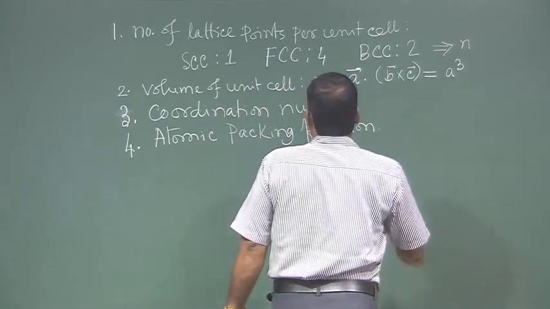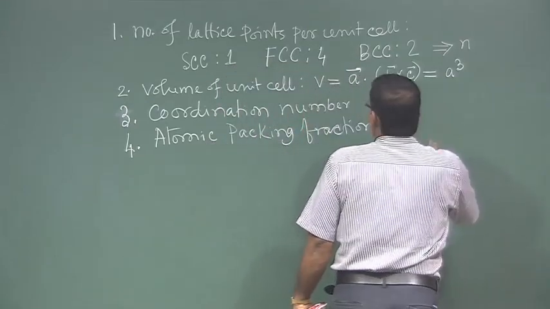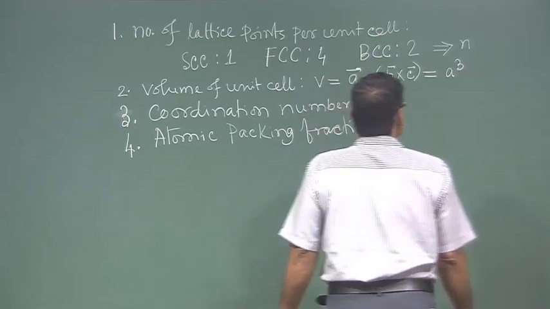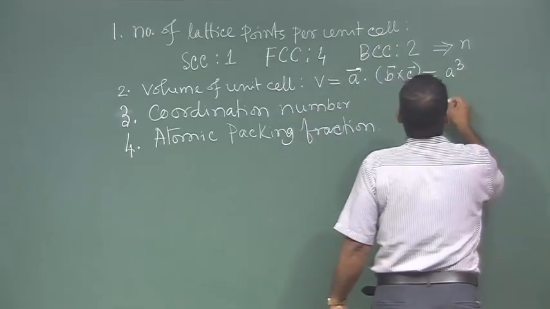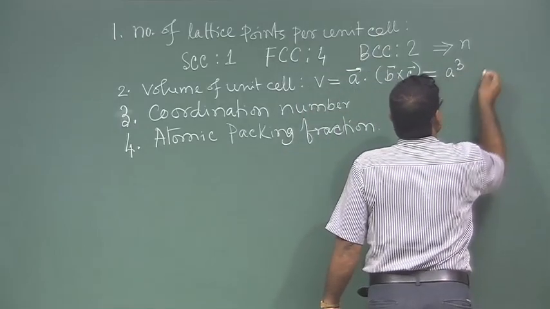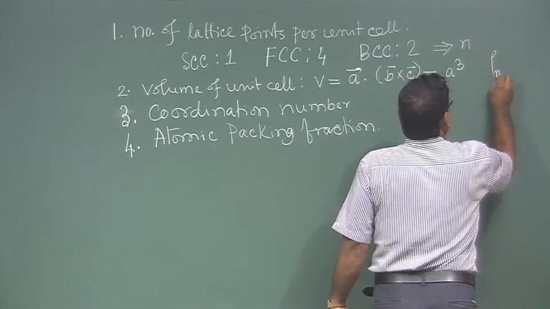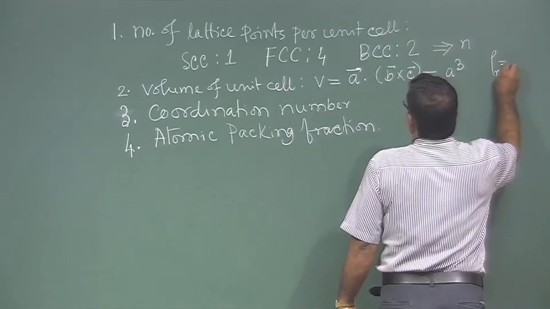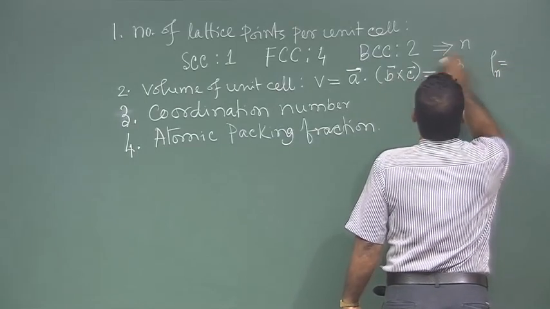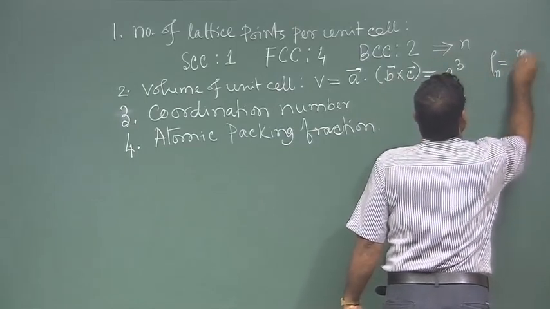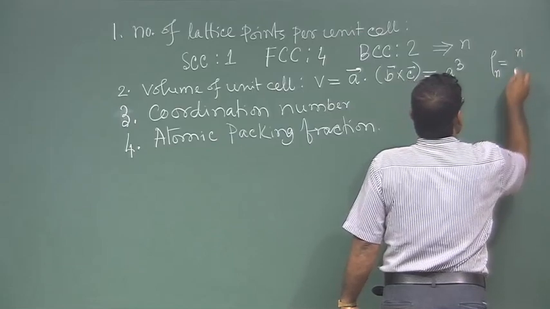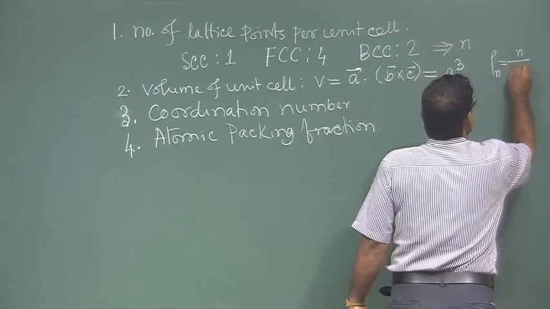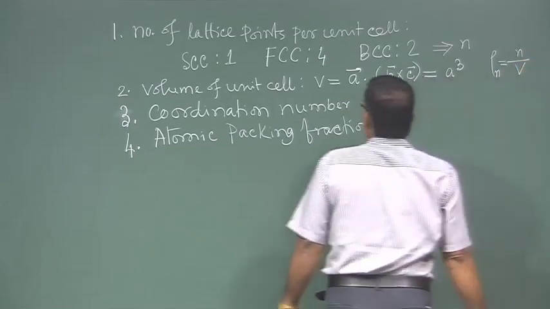So, see, yesterday also we have seen this number density. So, that is nothing but number density. We have seen this, say rho n, that is basically number of lattice point per unit cell, and this divided by volume of that unit cell, right.